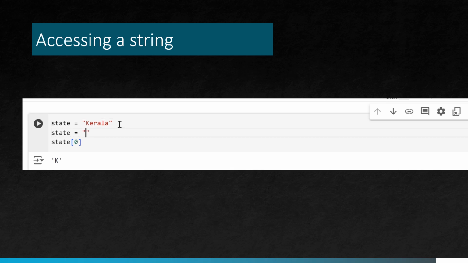State is equal to Tamil Nadu. The state will take the second value, not the first one. The same variable I can use again, but the value declared last will be taken. In many other programming languages you will get an error. In Python you won't get any error. Only the second thing will be taken up.